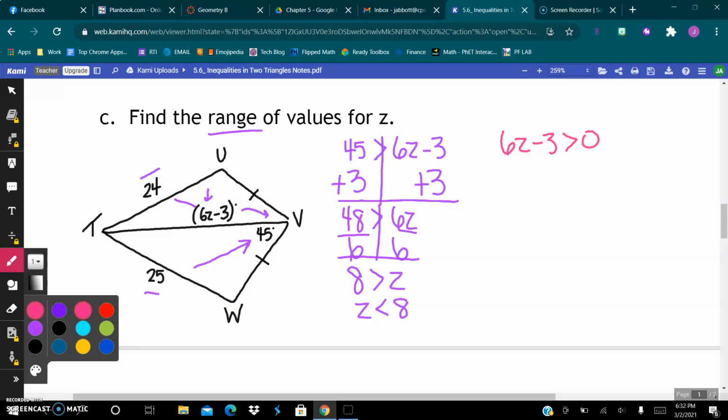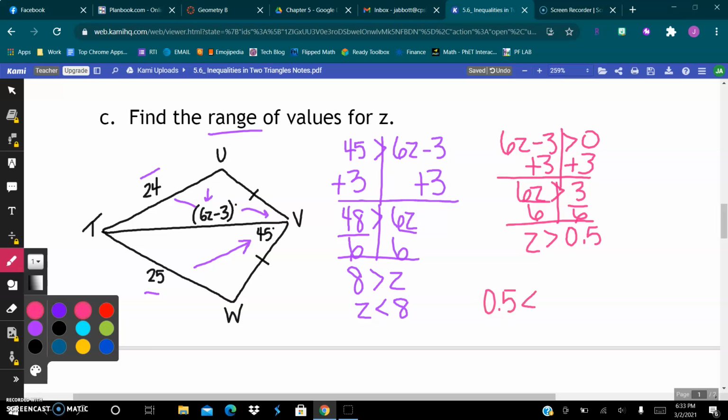So we add 3 to both sides, we get 6z is greater than 3, and then we divide by 6. So z is greater than 3/6, which is really 1/2, or 0.5. So z is greater than 0.5 but less than 8, and we put that into a compound inequality. The range for z would be anything between 1/2 and 8.